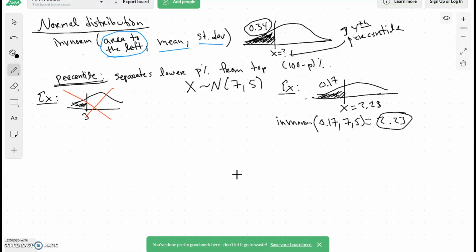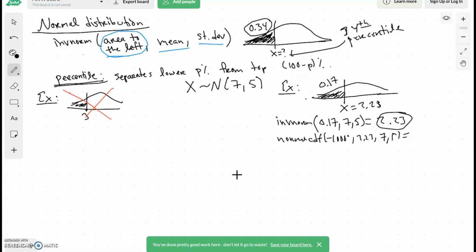You can go ahead and check it if you want. Use normal CDF from my lower bound, negative 1 million, all the way to 2.23 with the same mean 7 and the same standard deviation 5, and you're going to get some number close to 17. So this is basically all it is.